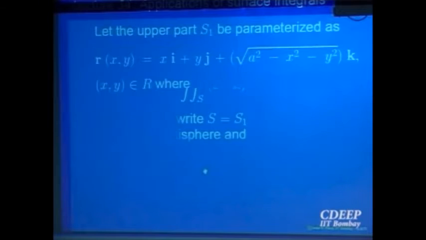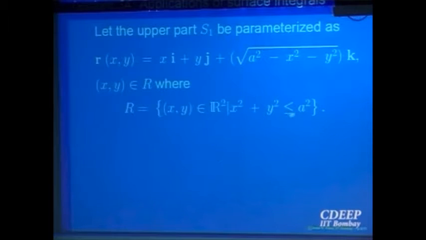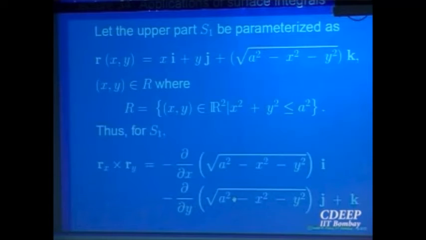So let us compute. For the upper part of the sphere, a parameterization is given by x, y, with z computed in terms of x and y from the equation x squared plus y squared plus z squared equal to a squared. It is the upper part, so we choose the plus sign here. This is a parameterization of the upper part of the sphere, with (x, y) belonging to the disk in the xy plane, x squared plus y squared less than or equal to a squared.